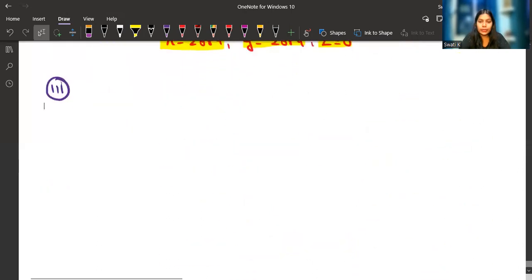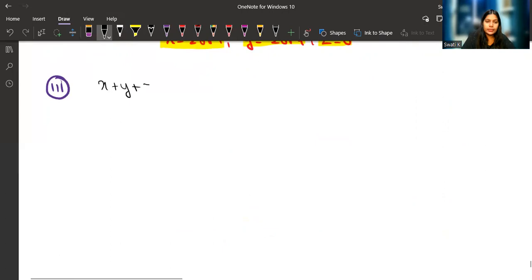So you just need to write this down in this form. So x plus y plus z equals 9. Next is x plus z equals 5. And the next is y plus z equals 7, right?